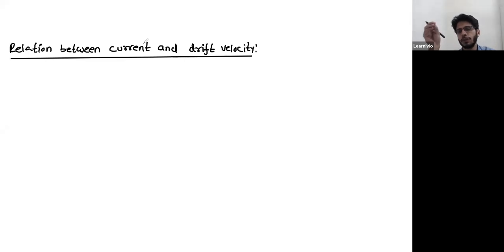Current is the flow of charge, and drift velocity is the velocity with which charges move. So there should be a relation between current and drift velocity. Should that relation be direct or inverse? Should current be directly proportional to drift velocity or inversely? Direct. Okay, yes. So the relation between current and drift velocity. Let's take a conductor.